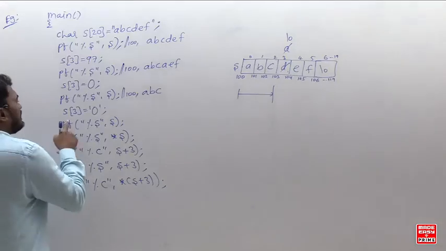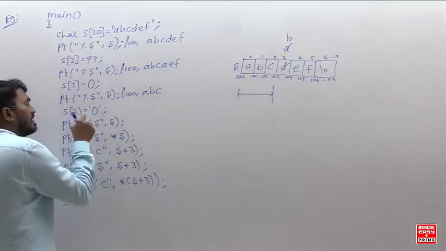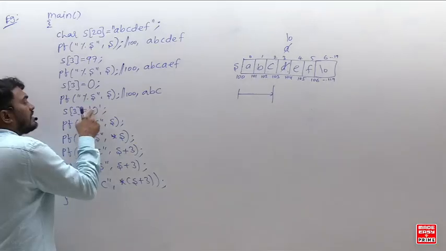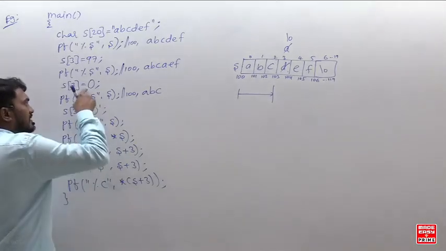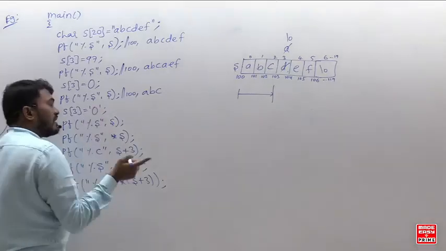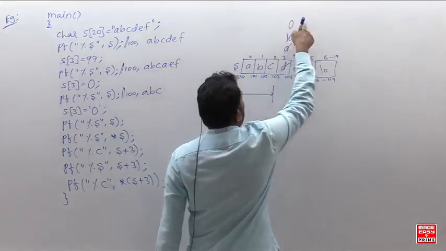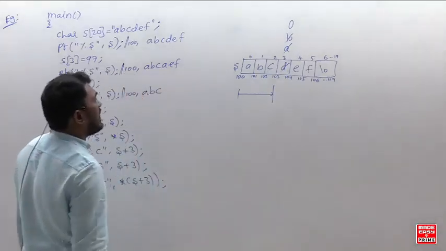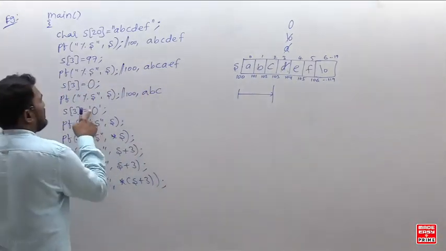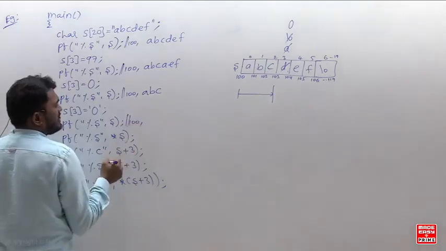And next, now we are saying S of 3 equal to '0'. Remember this is a character 0. You are giving it in single quotes. This is not the ASCII value 0. Single quotes means character 0. So this will change to character 0. You are giving the base address.